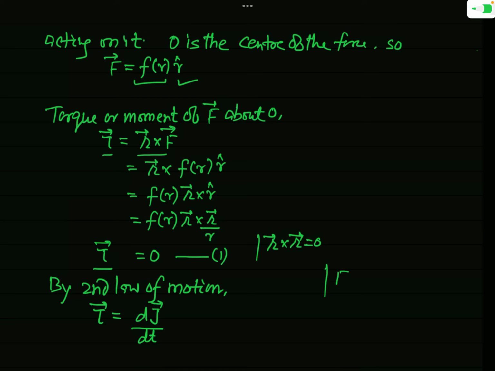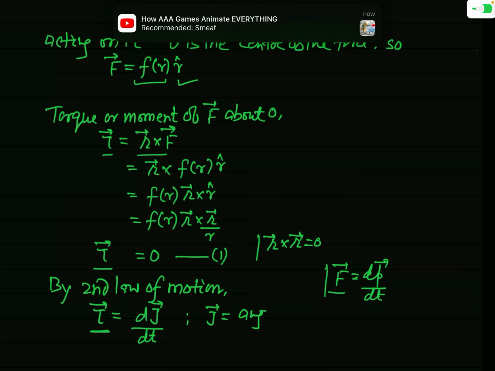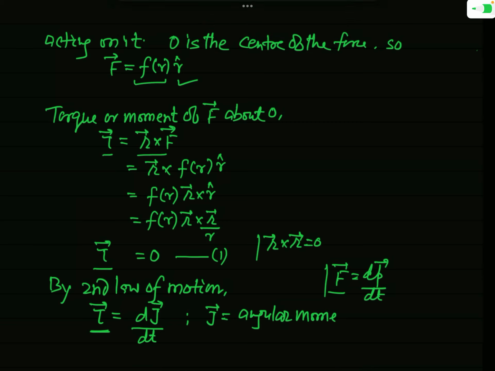This is analogous to F equal to dp by dt, where p is linear momentum and F is force. In fact, this torque tau is the rotational equivalent of force F, and the angular momentum j is the rotational equivalent of linear momentum p. So j is the angular momentum of the particle.